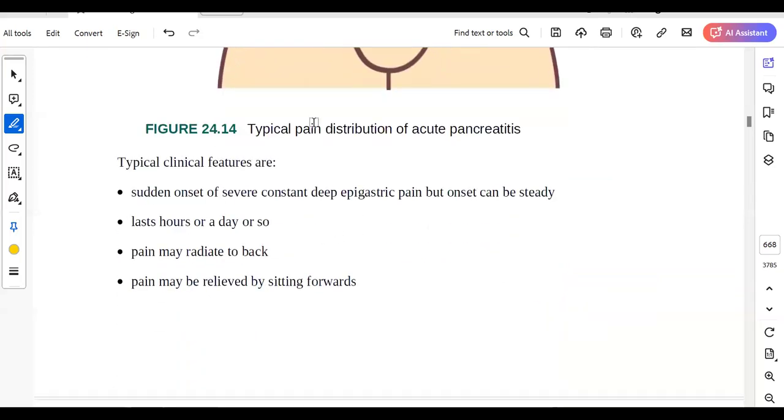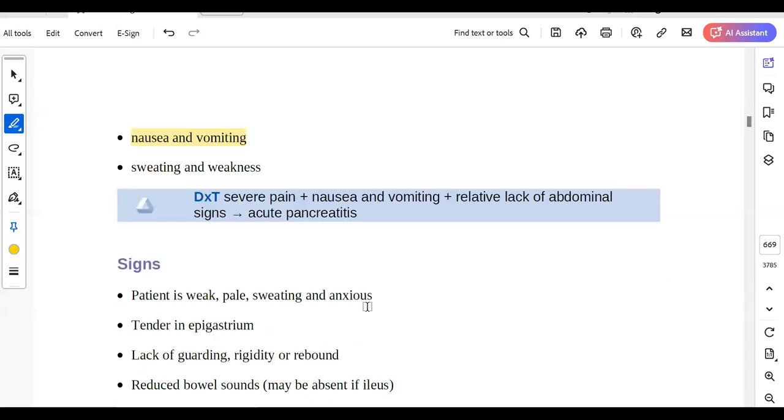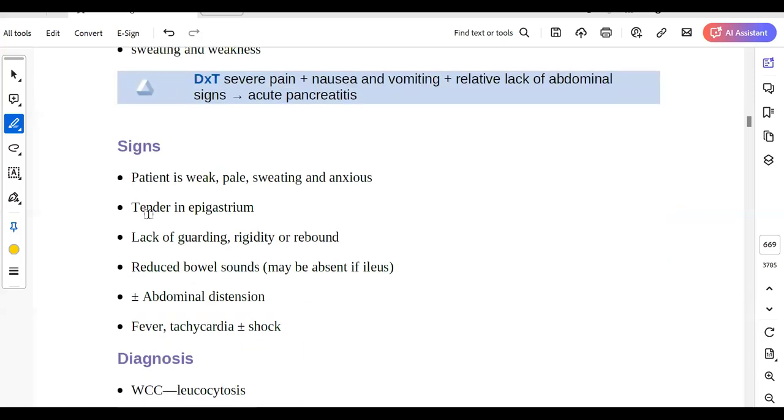So how will this patient present? Patient will come to you with a sudden onset of severe constant epigastric pain, and the pain will radiate to the back, relieved by sitting forward, associated with nausea, vomiting. If you examine this patient, there might be a bit of tenderness in the epigastric region, but there will be lack of guarding, rigidity, and rebound.